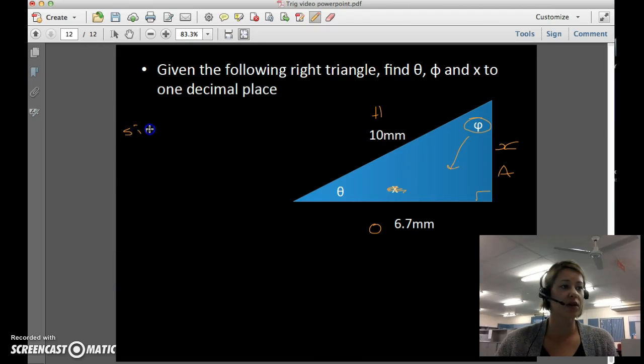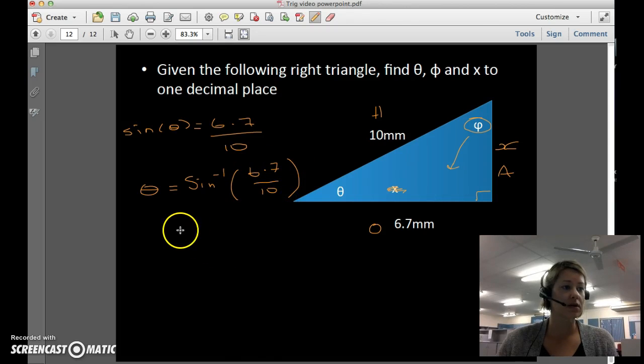Sine of phi equals O, which is 6.7, over H, which is 10, which is therefore 0.67. So I do the inverse now. So I have phi equals sine to the negative 1 of 6.7 over 10.